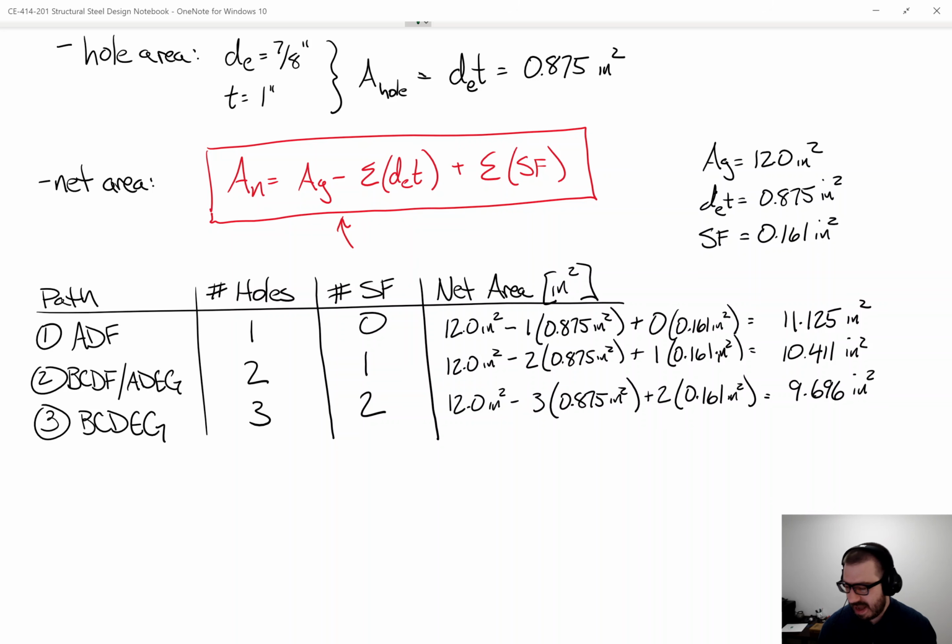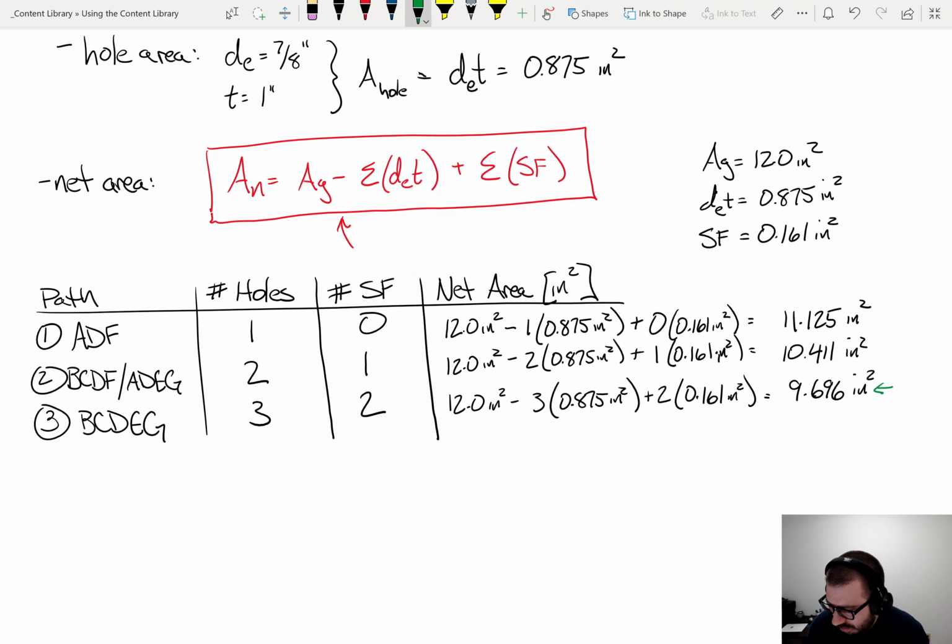We have a name for that. We call that the path that governs. If you ever hear that term governing in structural engineering, it tends to mean either the lowest capacity, or on the flip side, it could mean the highest load, whatever load combination yields the highest number. If you remember the very first homework assignment, I had you go through a bunch of load combinations and you reported the highest value.